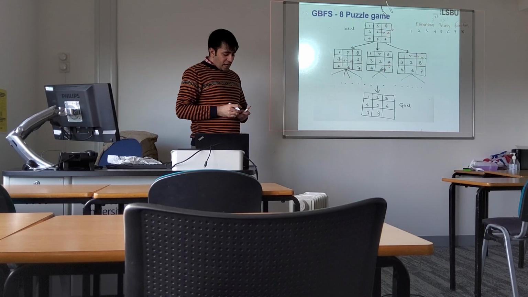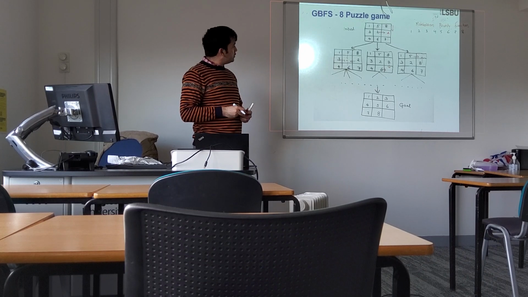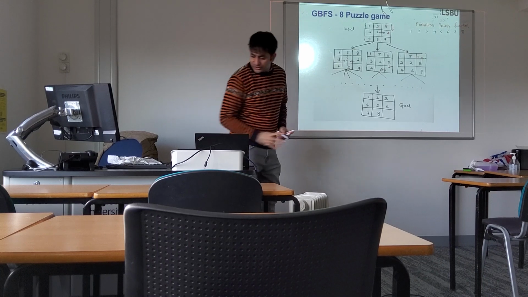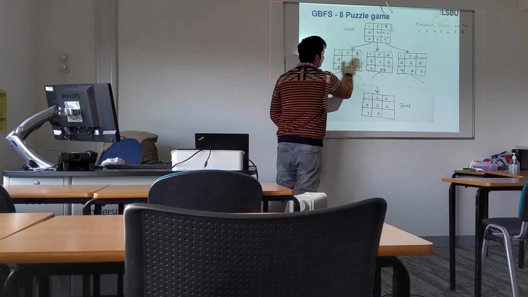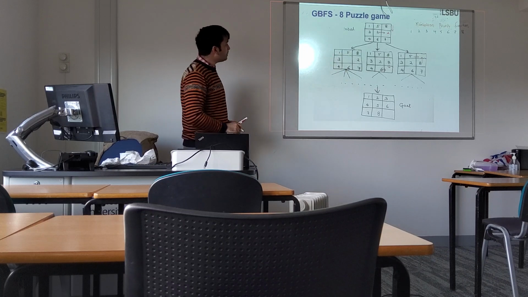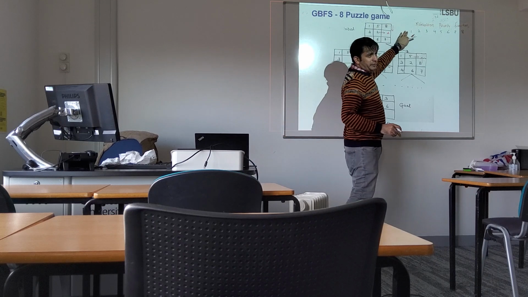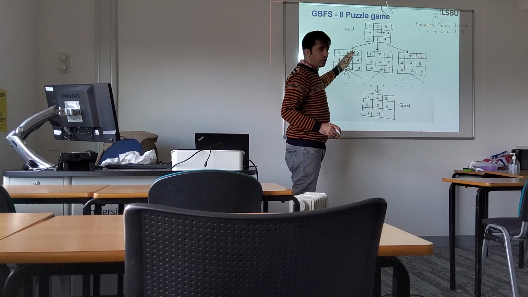Now how are we going to calculate the Manhattan function? We're going to see the moves. We're going to start with each number for each possibility. So this is possibility number 1.